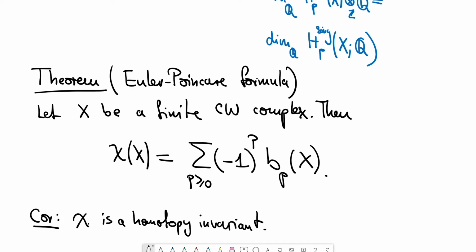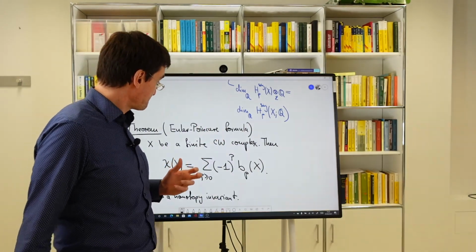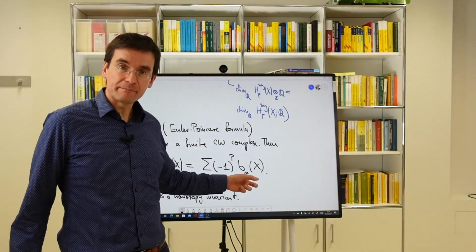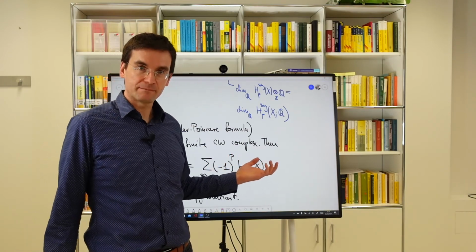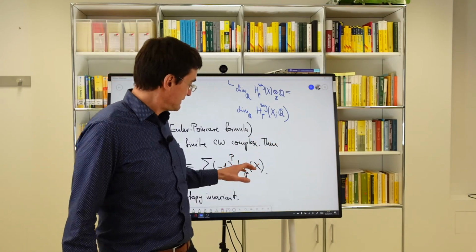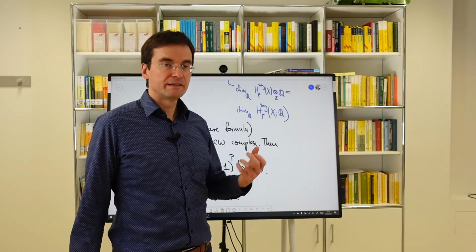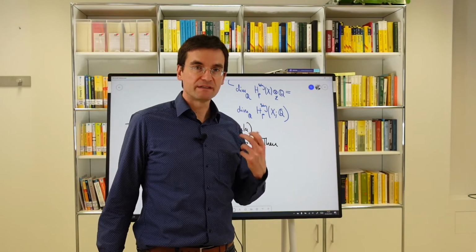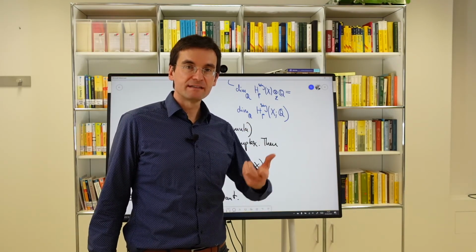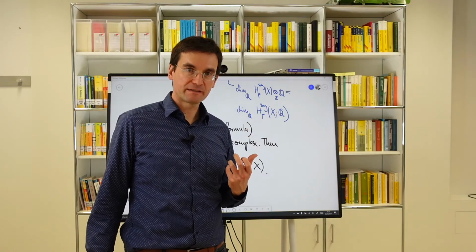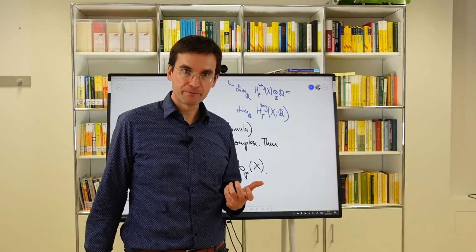So before jumping into the proof, let's first discuss why this formula makes sense at all. The Betti numbers are in that case finite numbers, therefore it makes sense to take an alternating sum. Why is that? Well, the Betti number is the rank of the singular homology group. The singular homology of a CW complex can be computed from the cellular chain complex. Since this is a finite CW complex, the cellular chain complex consists of finitely generated abelian groups.